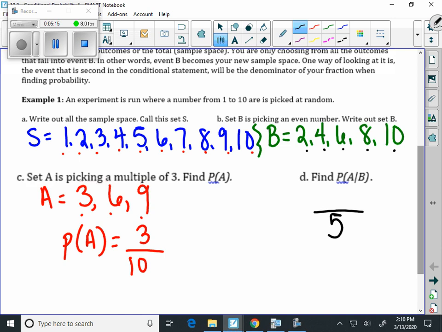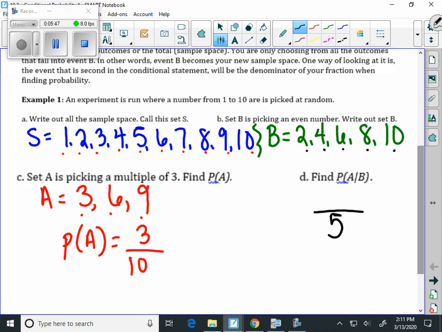Now to finish, we find the probability of A given B. The probability of A is picking a multiple of 3, so we look at the red numbers and how many of those overlap the green numbers.